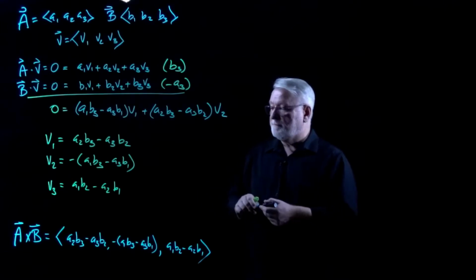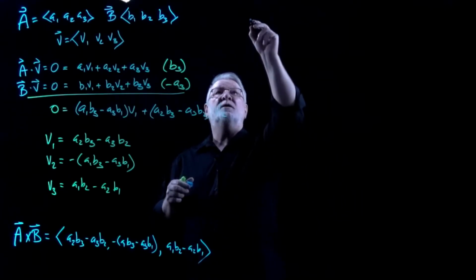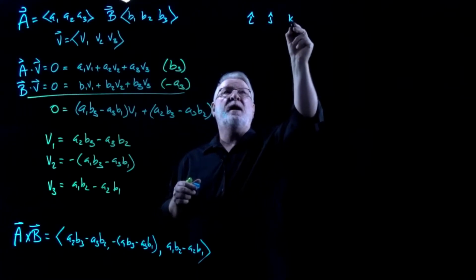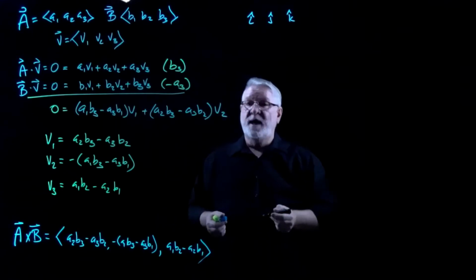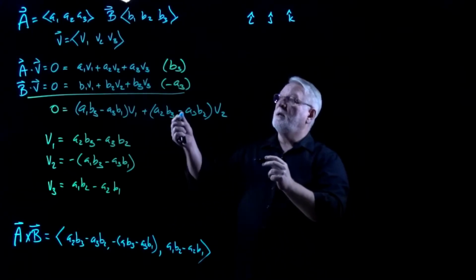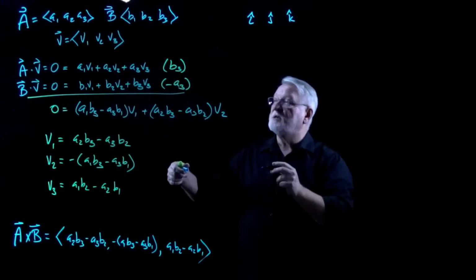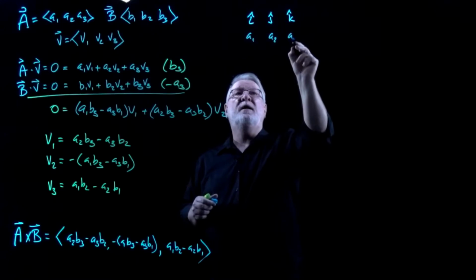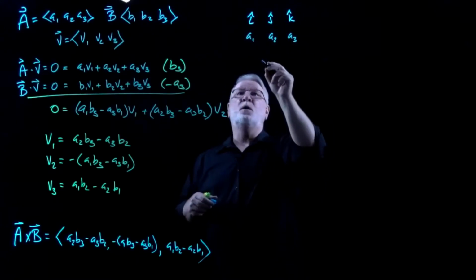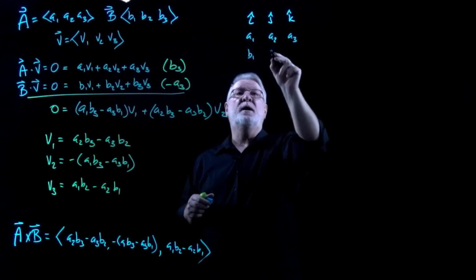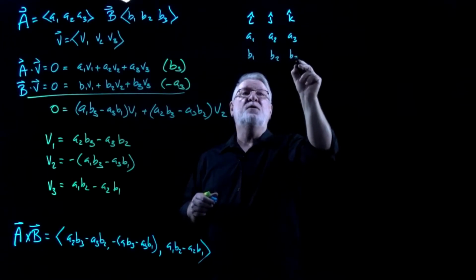And that device starts with the three unit vectors, i, j, and k. Those are the three column headings. And then in the next two rows, I'm going to put in the first vector in the cross product, vector A, which is A1, A2, A3. And the final row will be the second vector in the cross product, B1, B2, and B3.